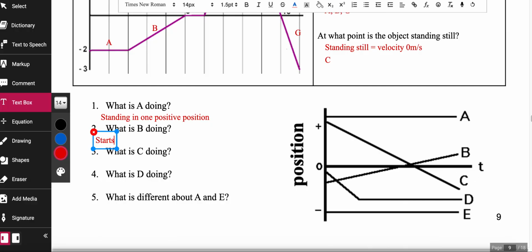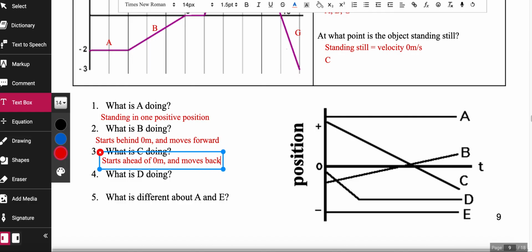B starts behind 0 meters and moves forward. What is C doing? C starts ahead of 0 meters. Okay, so starts in a positive position and moves backward.